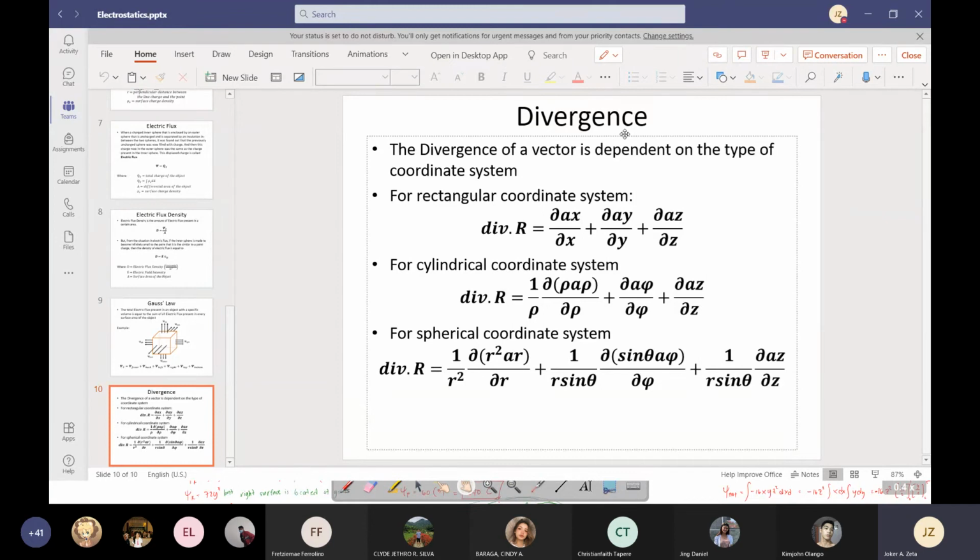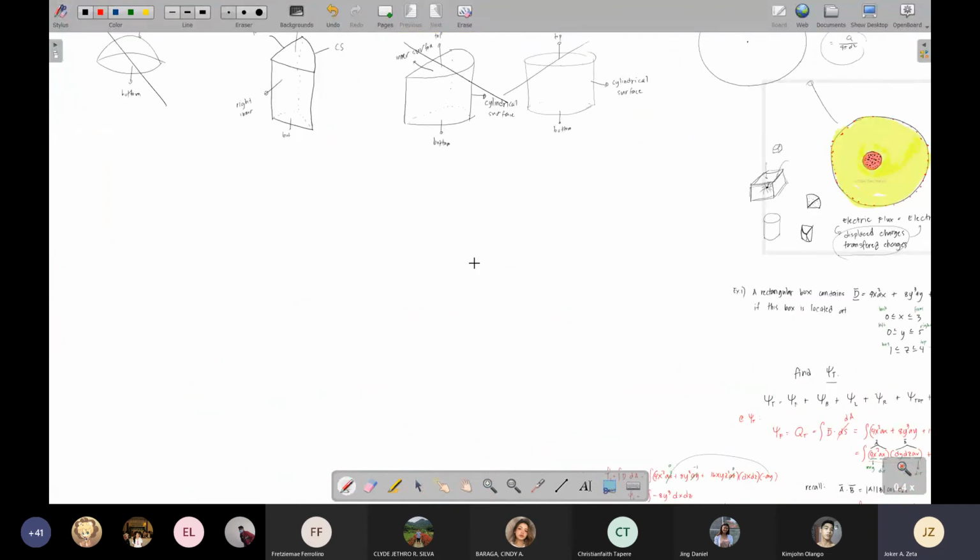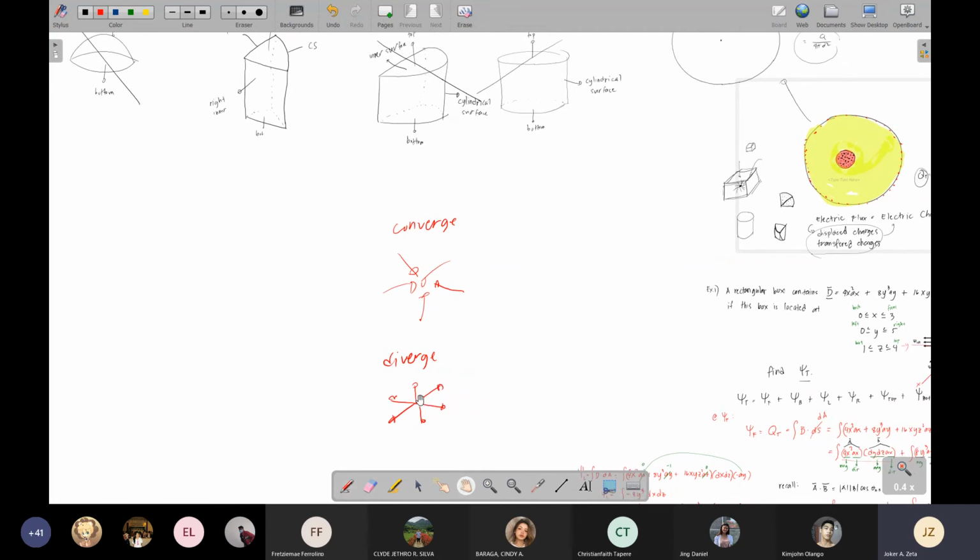Ang diverge is mubungkag, going outwards.